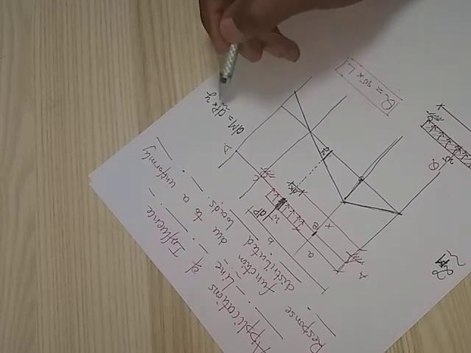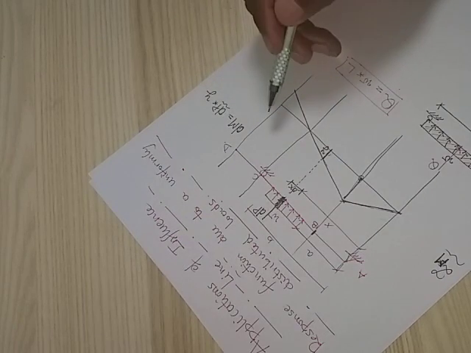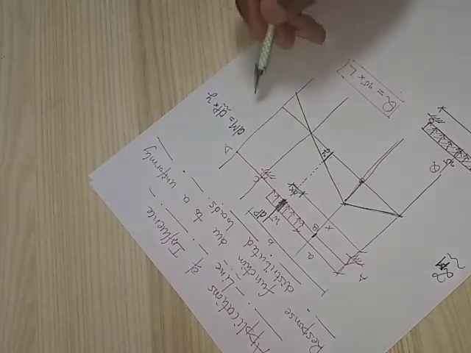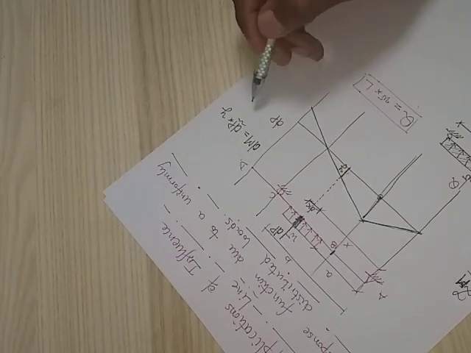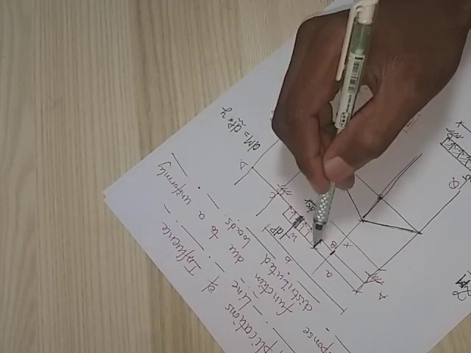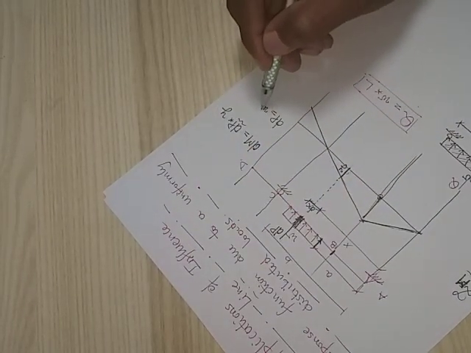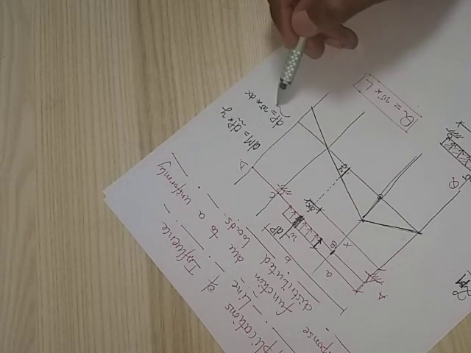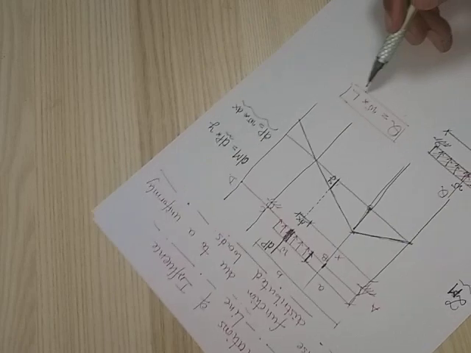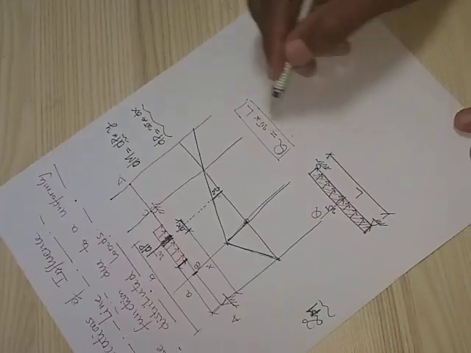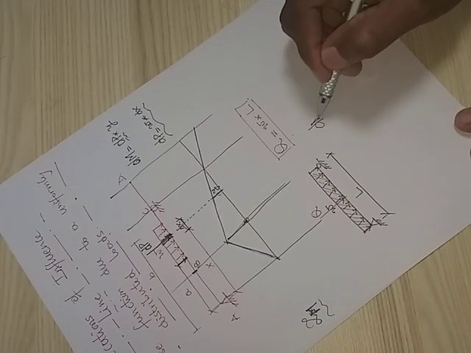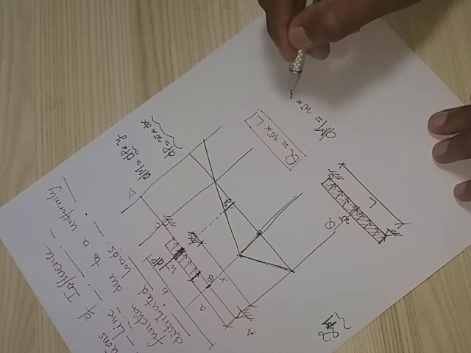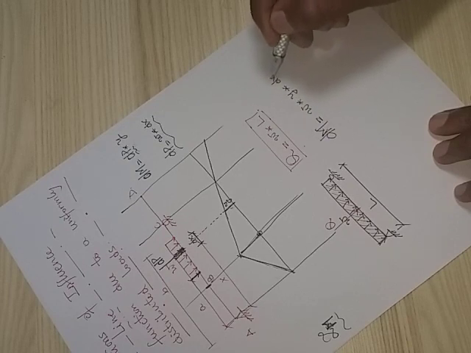But dP is a concentrated load applied on the length dx, so dP is equal to the intensity of the load times the length, that is w times dx. If we replace the value of dP in dM, we get dM is equal to w times y times dx.